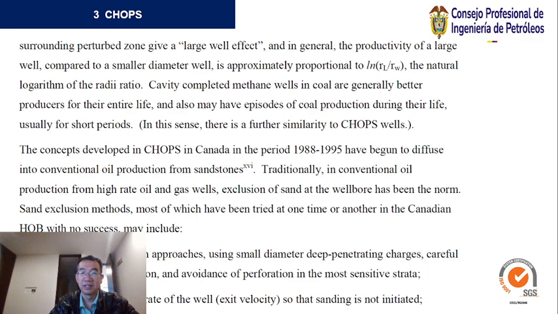Exclusion of sand as a variable has been the norm.